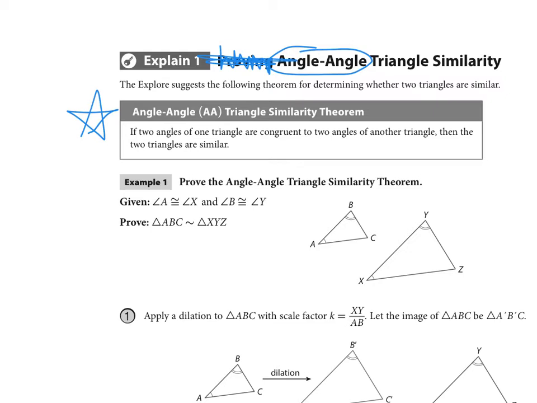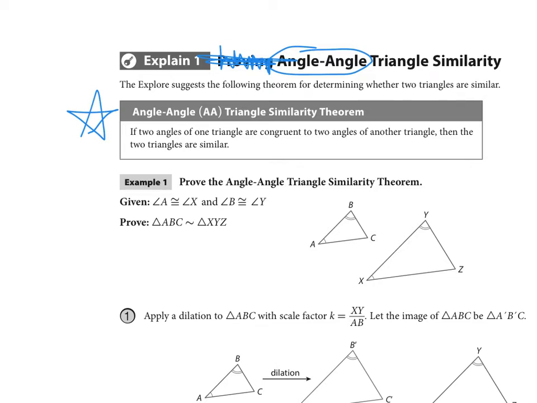And just intuitively, you guys, think through that with me really quickly. Looking at the diagrams that we have here in example 1, it says given that A is congruent to X and B is congruent to Y, so in other words, these two congruent angles here and here and here and here, are we able to conclude similarity?